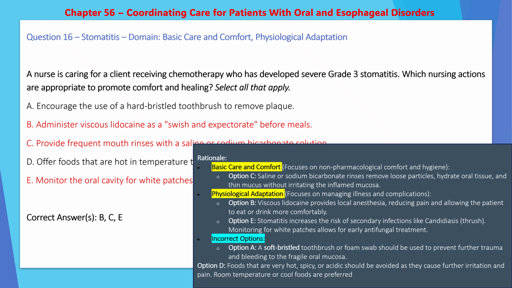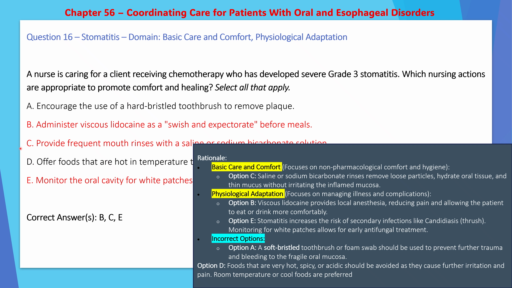So the rationale is that option C is basic care because it's focused on non-pharmacological comfort and hygiene. Saline and sodium bicarbonate rinses remove loose particles and hydrate oral tissue and thin mucosa without irritating the inflamed mucosa.